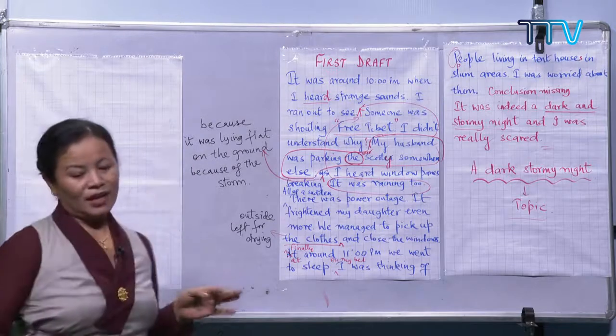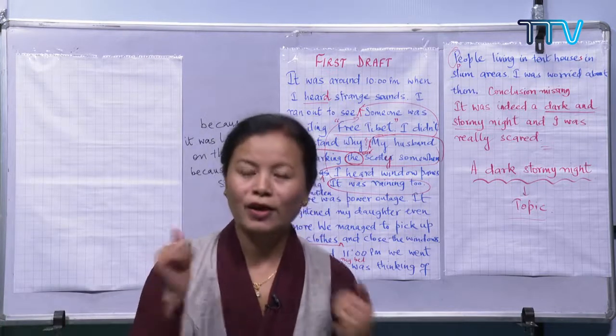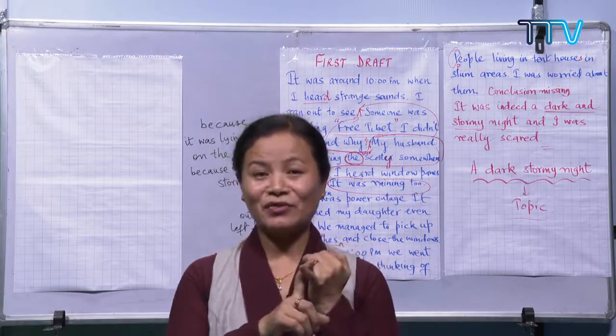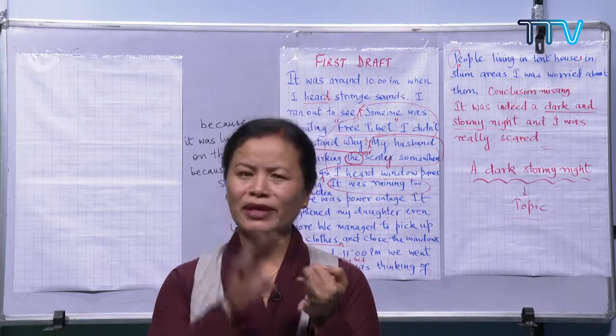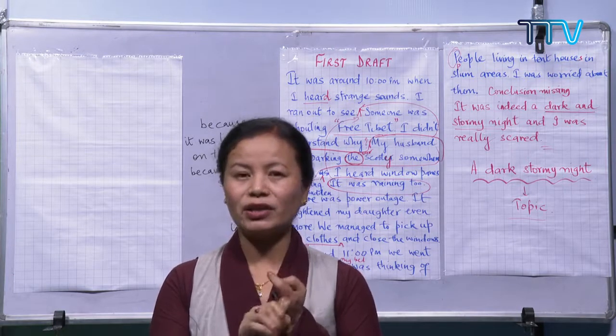Okay, so now, what are the things that we have followed so far? Yes, we have chosen a topic. We did pre-writing. Out of the many strategies for pre-writing, we chose one, right? We had chosen the clustering, this is the mind mapping.